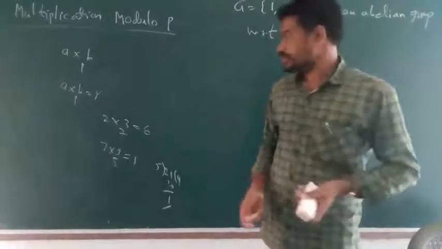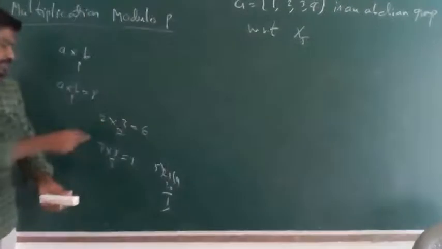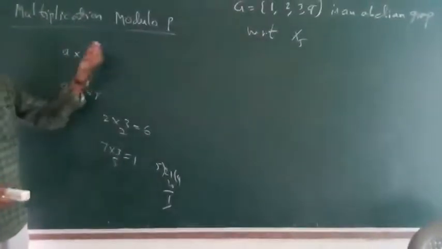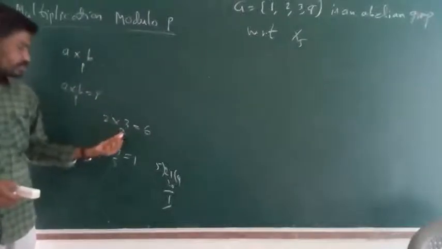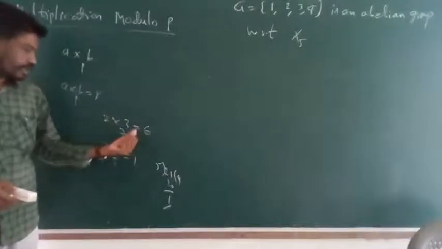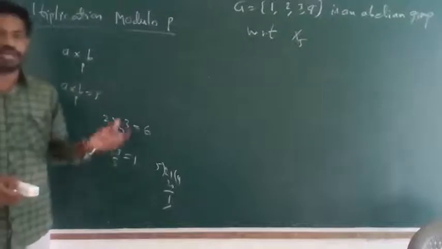That is very important. For example, I select a equal to 2, b equal to 3, and p equal to 7. This is the multiplication mod p process. 2 times 3 is 6. Since 6 is less than 7, you can directly write it down. Otherwise, if the product is equal to 7 or above, you must divide it and take the remainder.